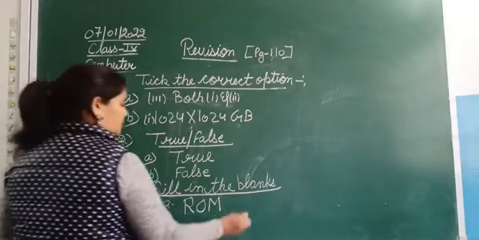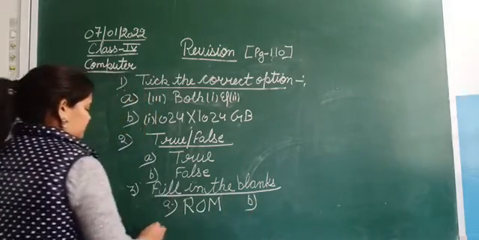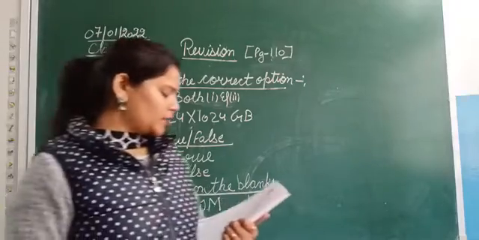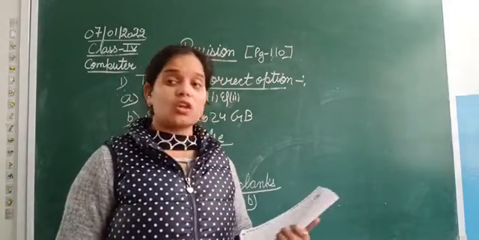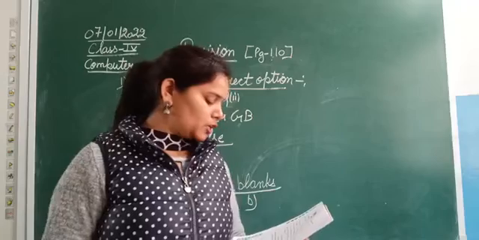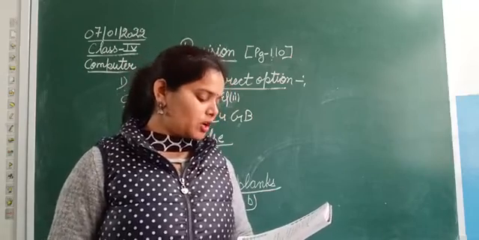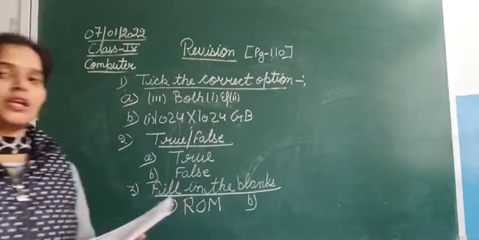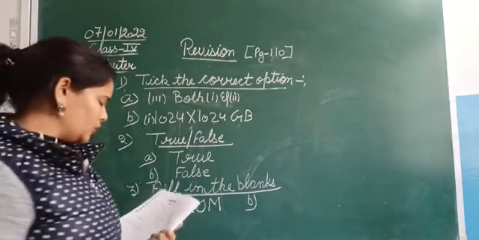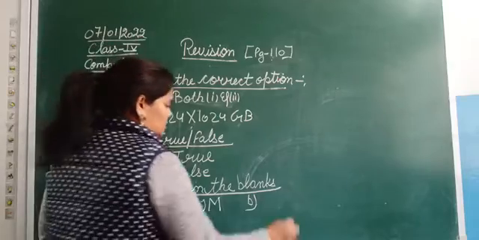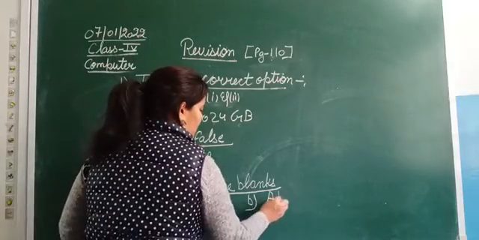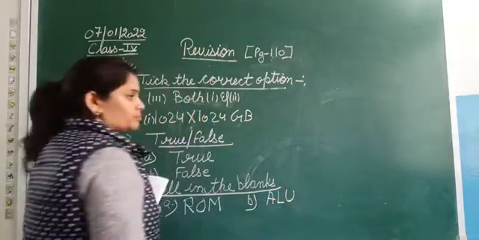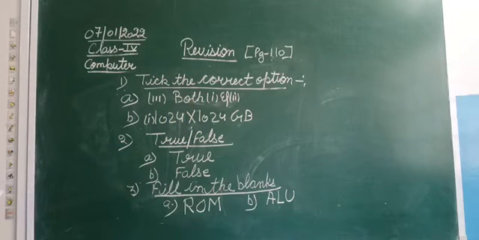B1: Dash uses conditions along with logical operations. That is ALU, arithmetic and logic unit. So ALU uses conditions along with logical operations. So the answer is ALU.